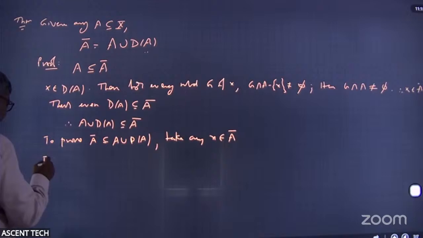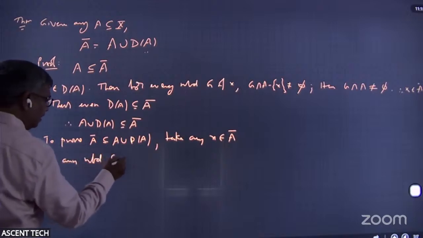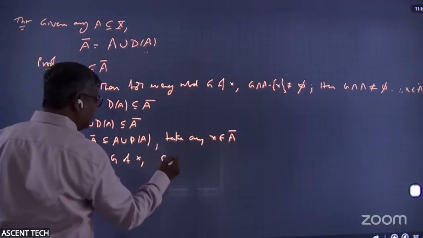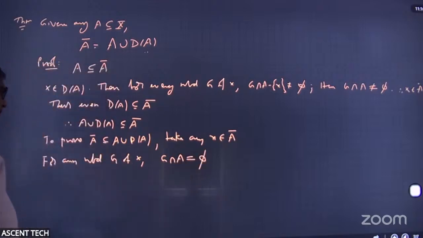For any neighborhood G of X, X is in A bar means G intersection A is non-empty, right?